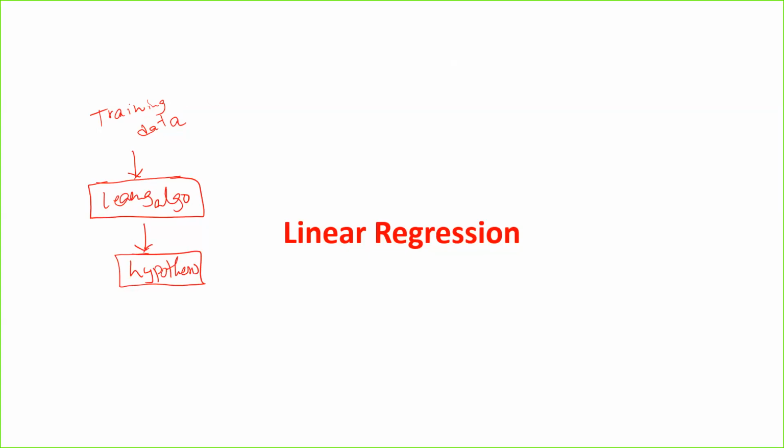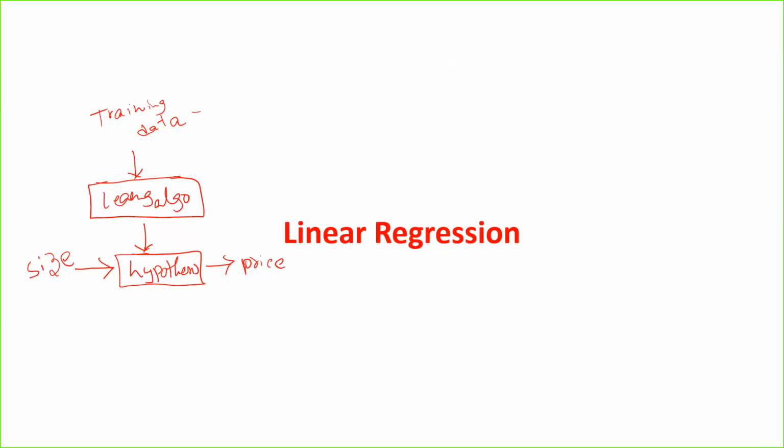So once you give the training data, the learning algorithm captures the pattern of the data and it gives us the hypothesis. And we use this hypothesis to make a prediction for the future instances. In this example, given the size of the house to the hypothesis, it will be able to estimate the price of the house. So this is the general machine learning recipe for the supervised learning problems.